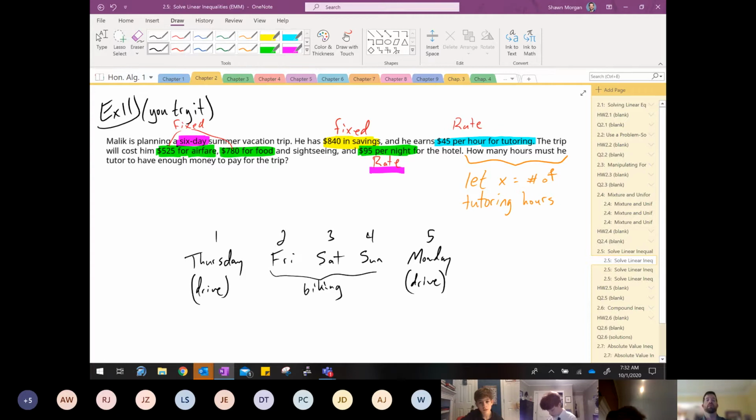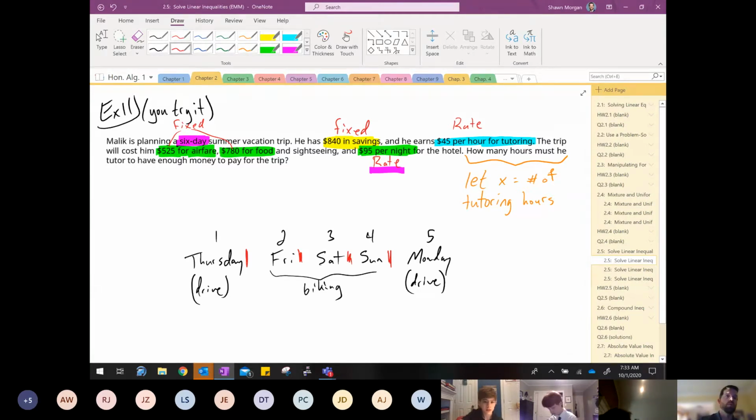No, 4. I only need 4. For a 5-day trip, you only need 4 nights in a hotel room. You're going to have a hotel room Thursday night, Friday night, Saturday night, and Sunday night, and then you're going to be back home sleeping in your own bed on Monday night. So that's 4 nights in a hotel.